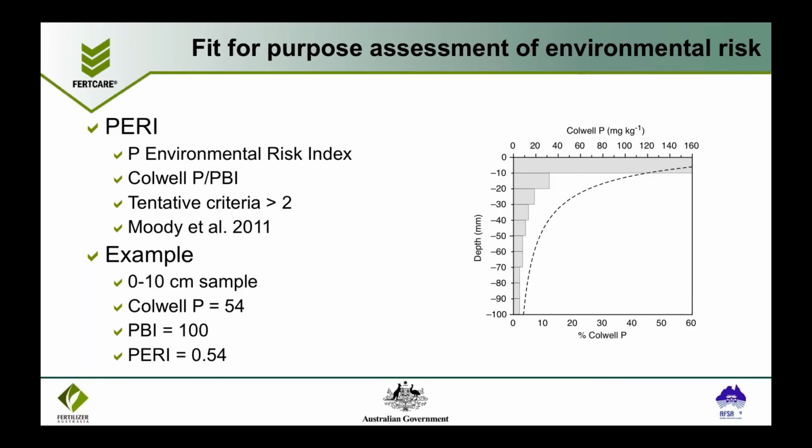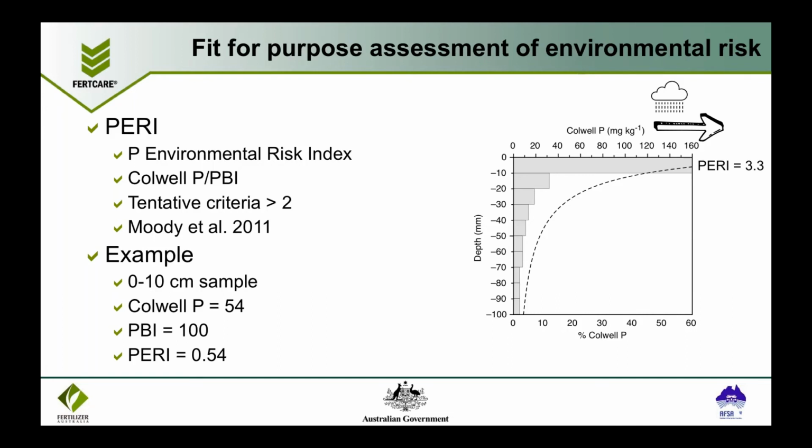But when we consider that perhaps due to the stratification something like 60% of that phosphorus is in the top 1 centimetre of the soil profile, and if we're faced with a situation where we have rainfall and surface runoff, it might actually be a much more fit for purpose approach if we took a 0 to 1 centimetre sample to determine what our environmental risk was. And if we did that in this particular case, we might end up with a PEri value of 3.3 and actually identify this site as a risk.